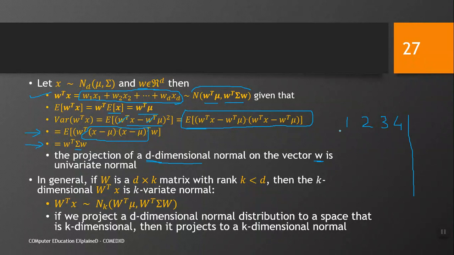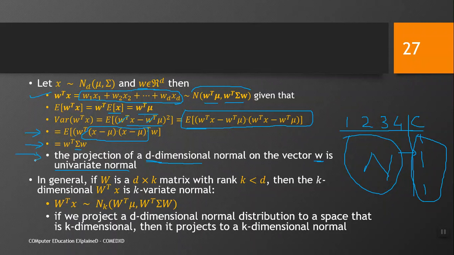This is multivariate d-dimensional data, 4-dimensional data, and we want to predict their class here, which is univariate. So we project all these things on this, right? So the projection of d-dimensional normal on the vector w is again normal, but it is univariate. So if this is normal, this would also be normal. This point shows this fact.